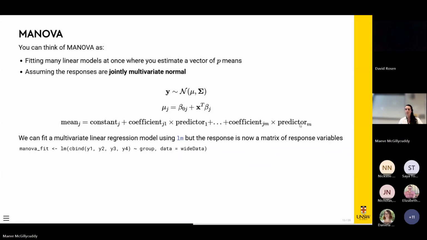The thing about a MANOVA is that we can actually just fit a multivariate linear regression model using our lovely lm function in R. But instead of just having a single response variable, we now have a matrix of those responses. And I'll be going through an example in a second.